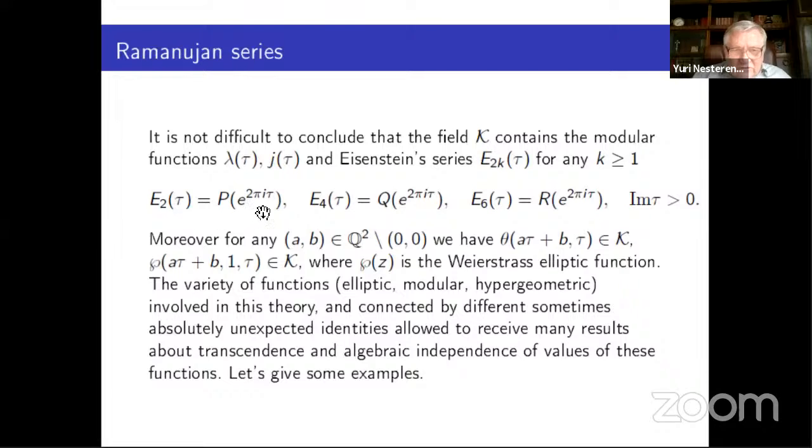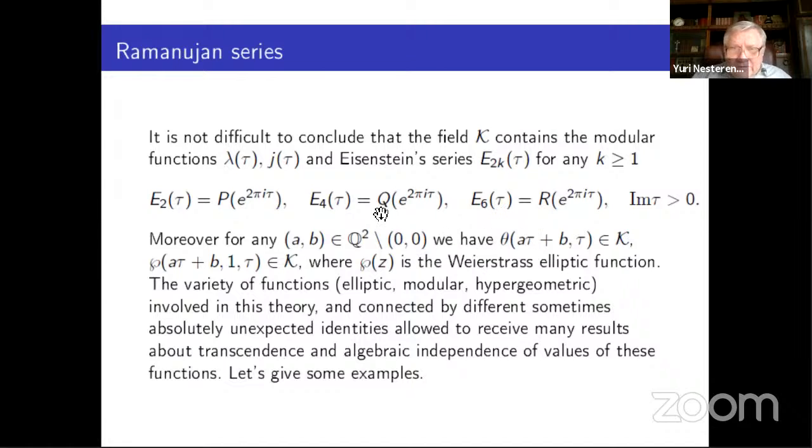E2, E4, and E6, this is P, Q, R, the Fourier expansions of Eisenstein functions.